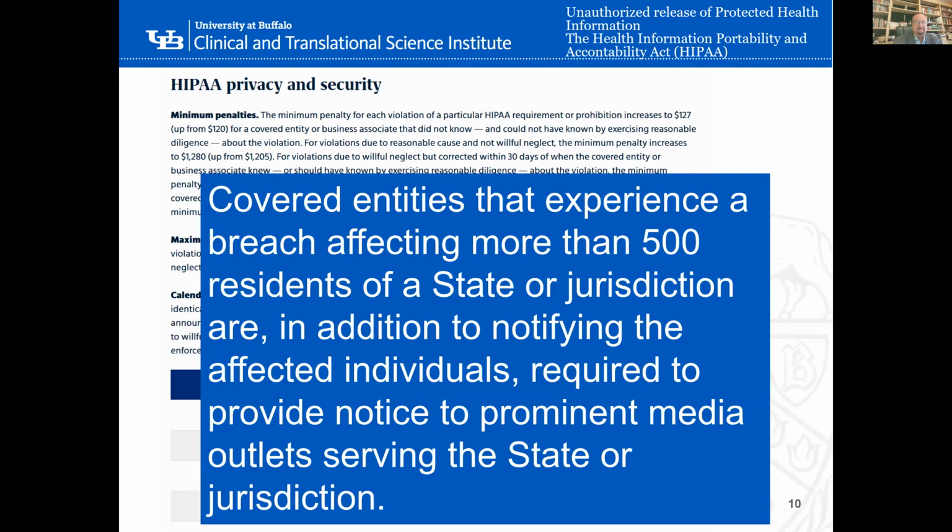Covered entities that experience a breach affecting more than 500 residents of a state or jurisdiction, in addition to notifying the affected individuals, are required to provide public notice in prominent media outlets serving that state or jurisdiction. So it's a very bad thing, and you just don't want it.